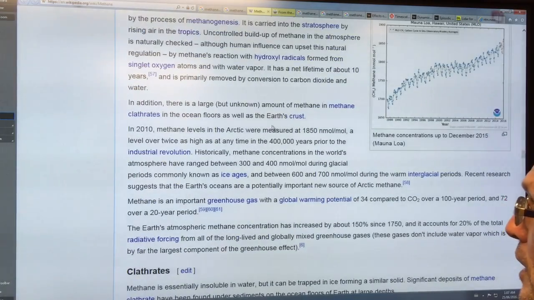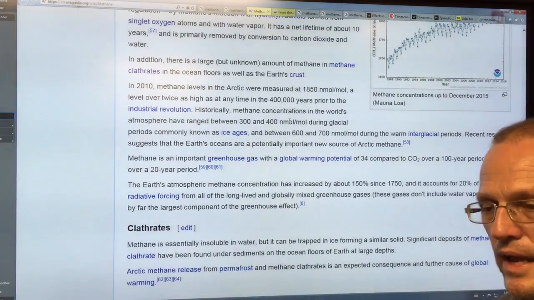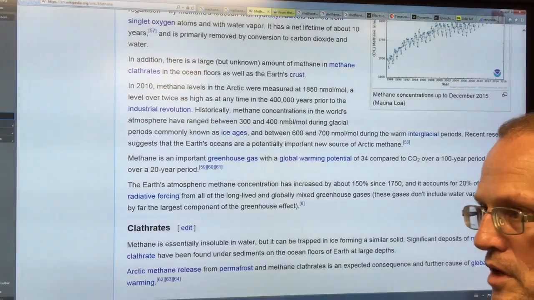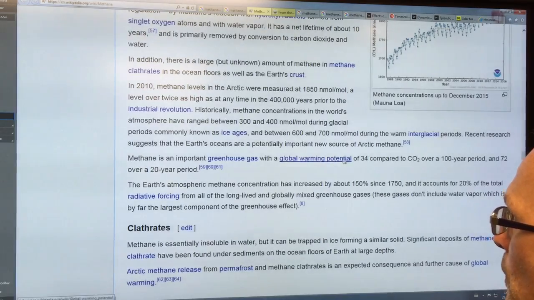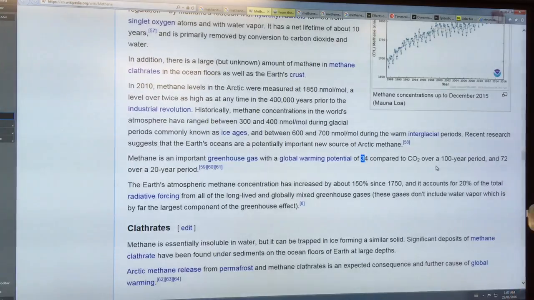There's lots of methane in clathrates on the ocean floor and in the Earth's crust. And if organic matter decays in the presence of oxygen, that produces CO2. If there's no oxygen, it produces methane. The global warming potential is 34 compared to CO2. That's over a 100-year time period. And it's 72, actually it's 76 over a 20-year time period.